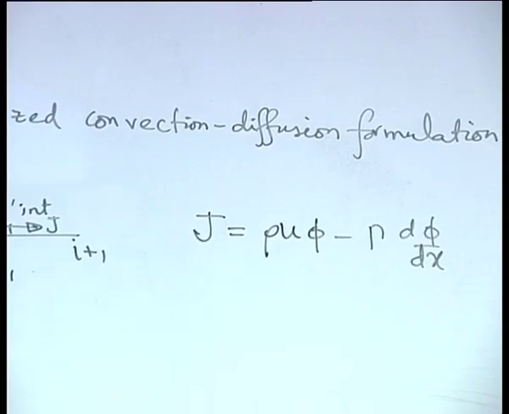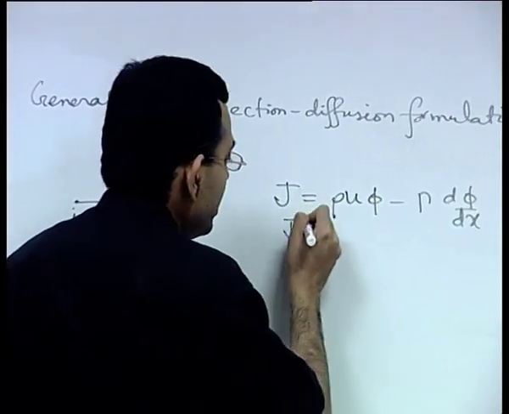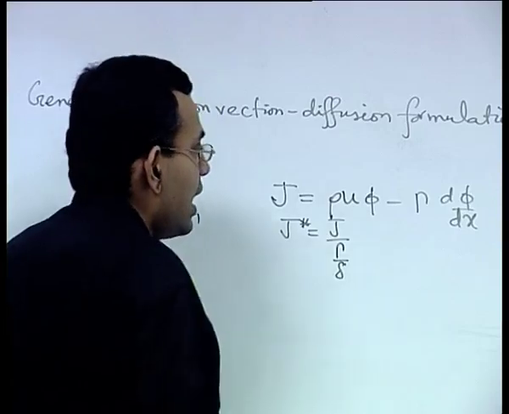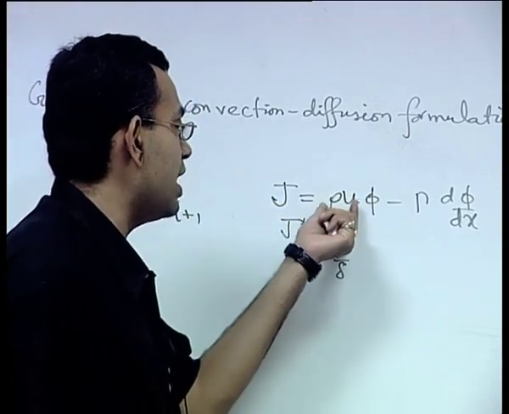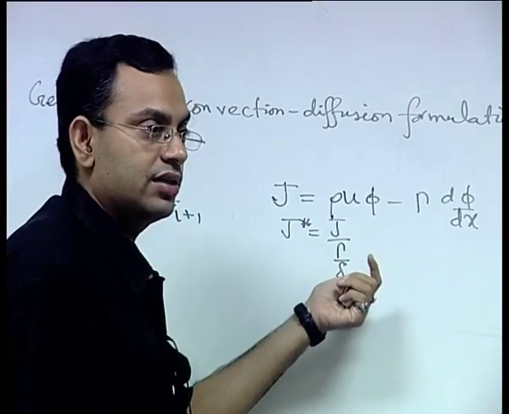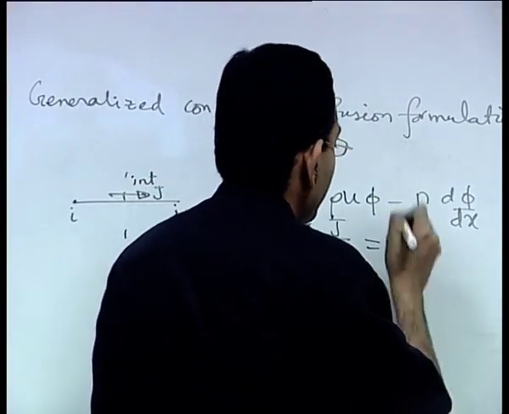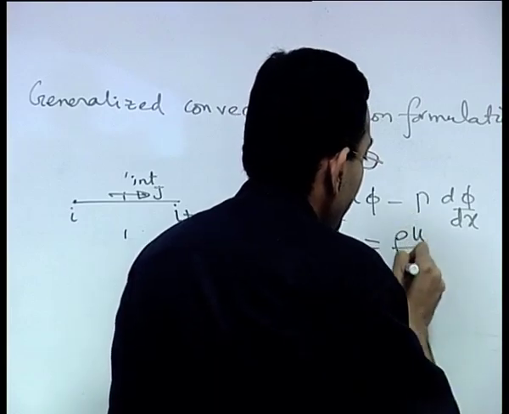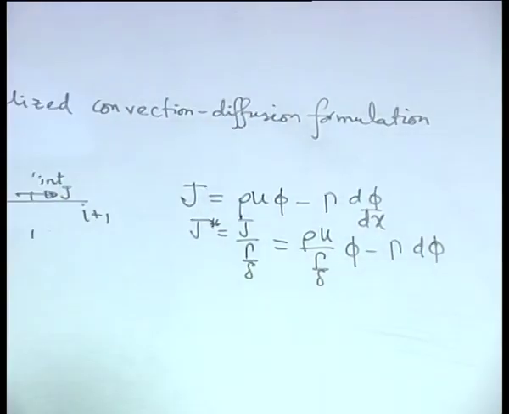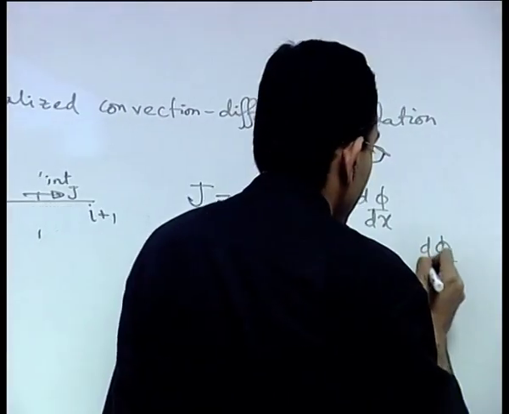To make it generic, we will consider a non-dimensional j. So, we will consider j star as j by gamma by delta. You can see that j has rho u phi, that means F into phi. We have to divide F by D to get the Peclet number, where D is gamma by delta, the diffusion coefficient divided by some length scale. So, this becomes rho u by gamma by delta into phi minus gamma d phi dx, where gamma is cancelled, giving d phi dx by delta.